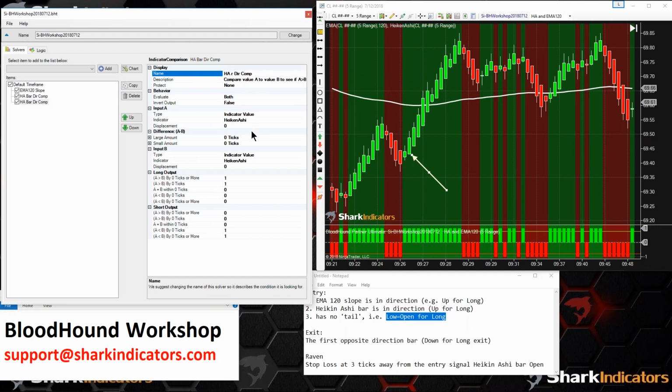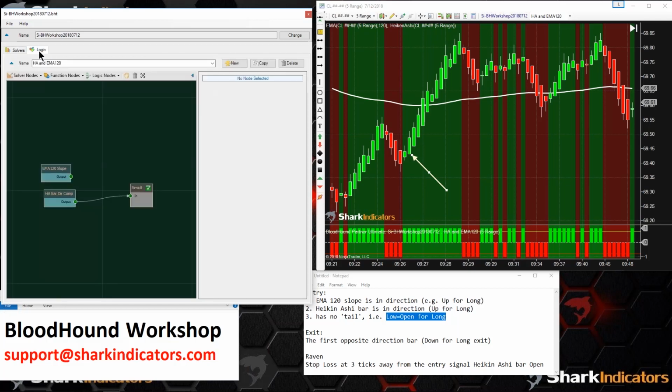Let's see here. So what shall I call this? I guess I'll just call it no wicks, something like that. I'll go and adjust the plots later here. So first thing I'm going to do is put that new solver on the board.